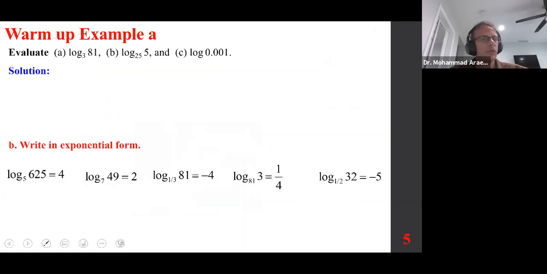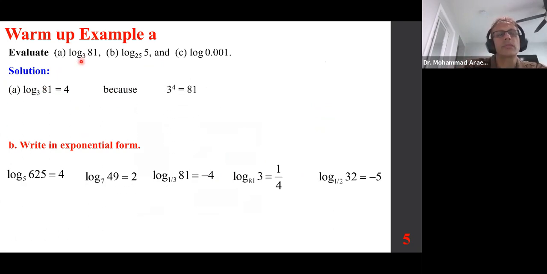I want to go over a couple of questions that I expect you to know. We are not going to have questions like this for the exam, you are supposed to know. I just want to remind you how we arrive at the answer. For example, log 81 base 3 is equal to 4 because 3 to the power of 4 is 81. Now, the way we did that in algebra, I'm going to go over that.